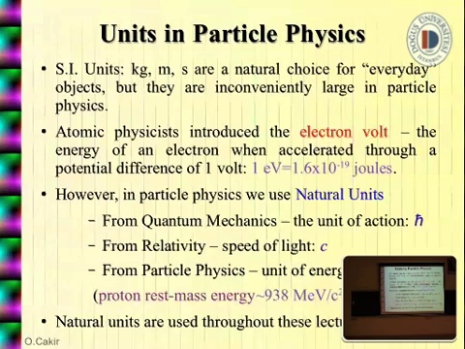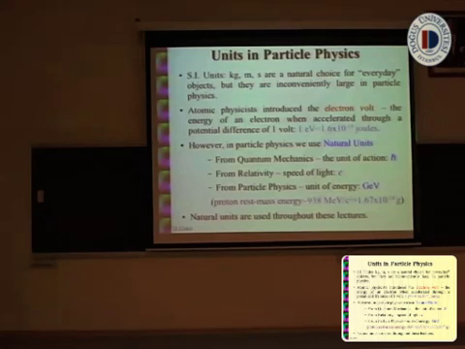For example, we use the natural units in particle physics. What I mean by natural units: ħ, the unit of action, Planck constant over 2π, and the speed of light c, are all equal to 1. In this case, the unit of energy is given in GeV, mass is also given in GeV, and momentum is also given in GeV.